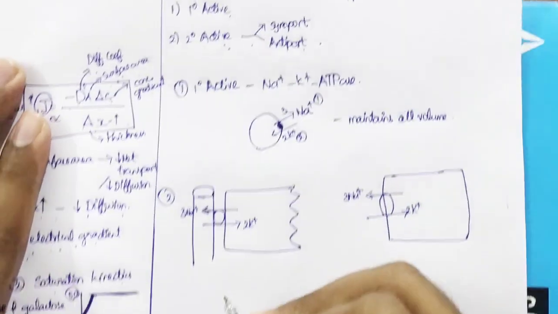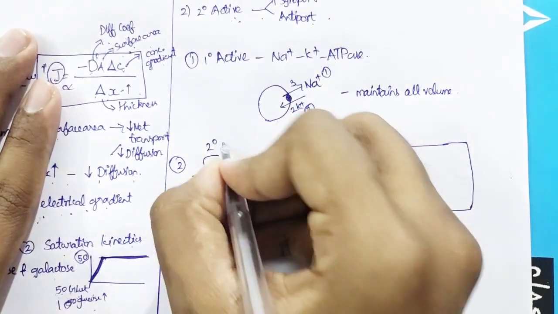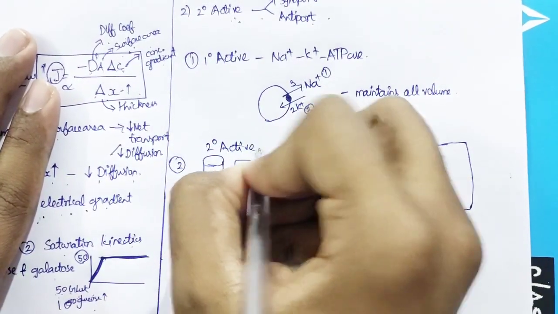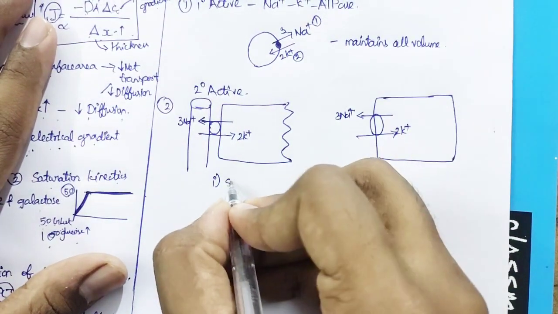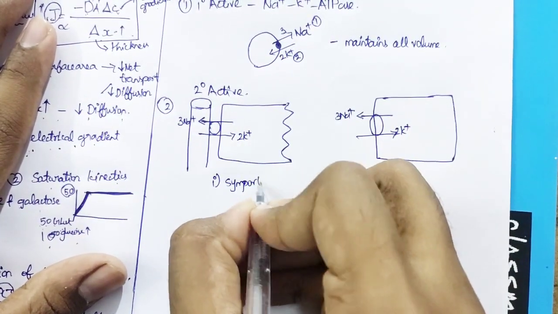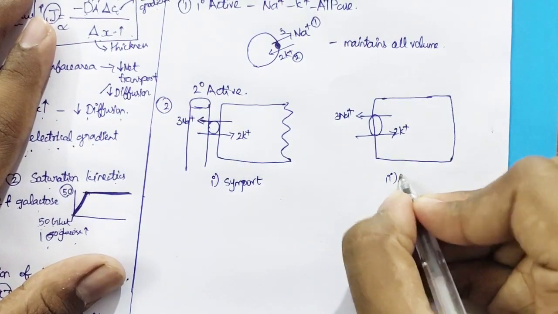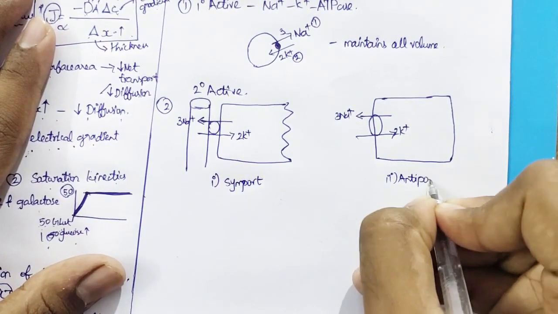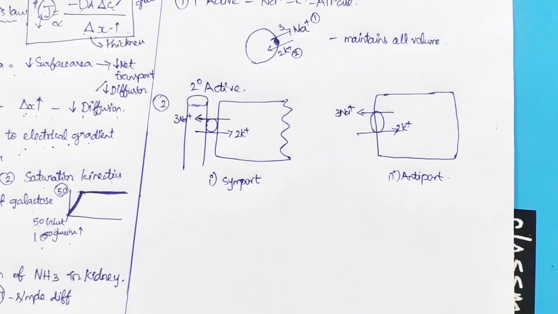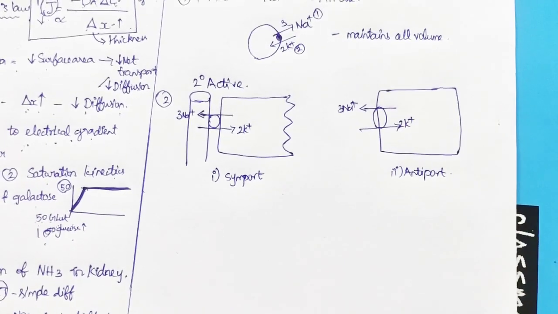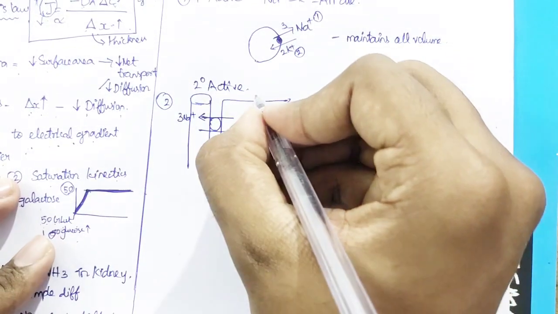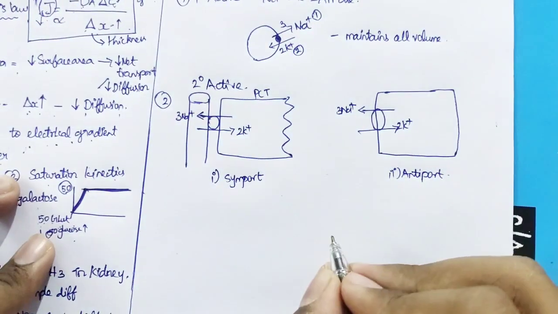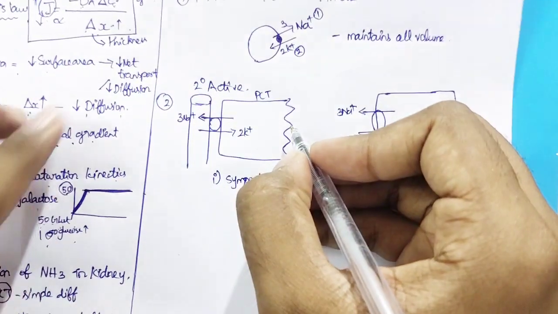The next is secondary active transport. In secondary active transport, we can take this as symport. We can take this as antiport. Yes, in symport, we can take this cell as the epithelial cell of the PCT.